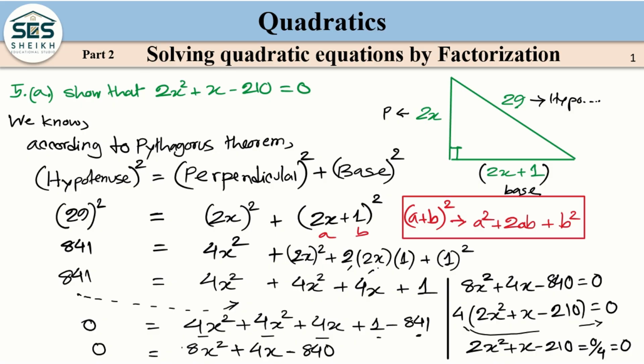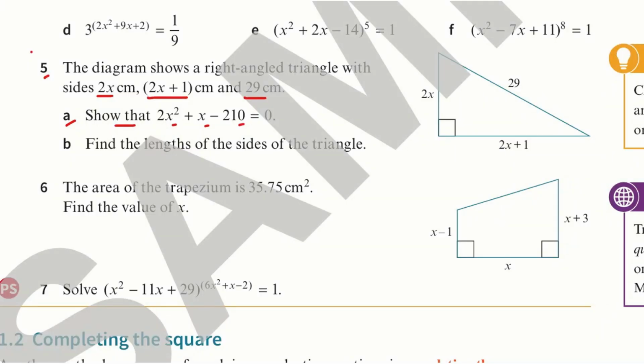So let's see the second problem. The second problem is we need to find the length of the sides of our triangle. So we need to find the length of this side and we need to find the length of this side. So we need to find actually the perpendicular and the base.